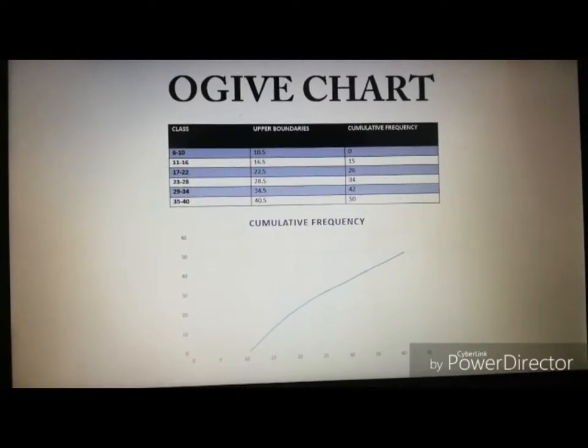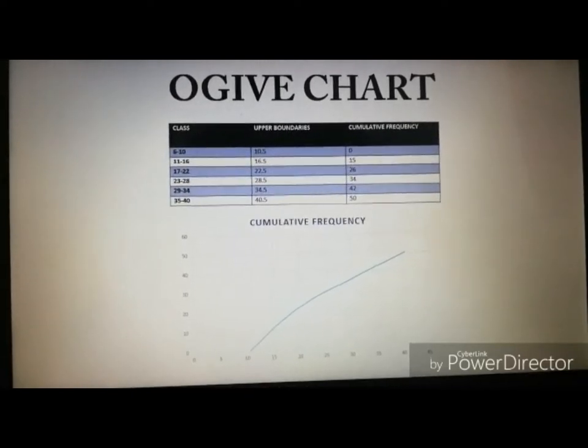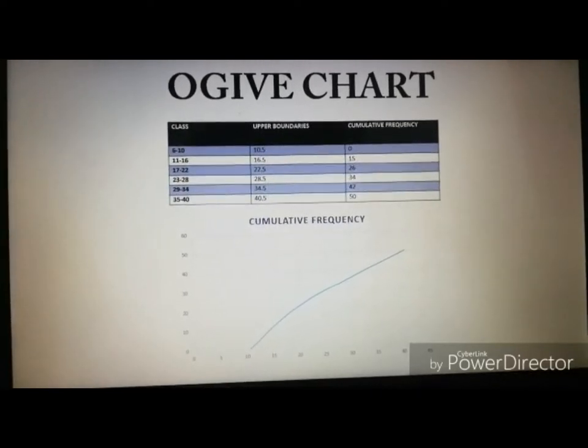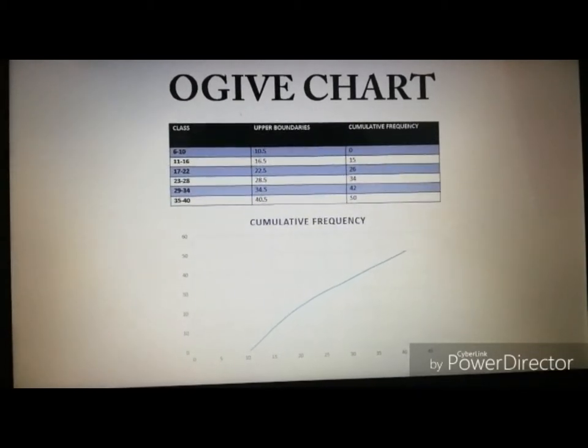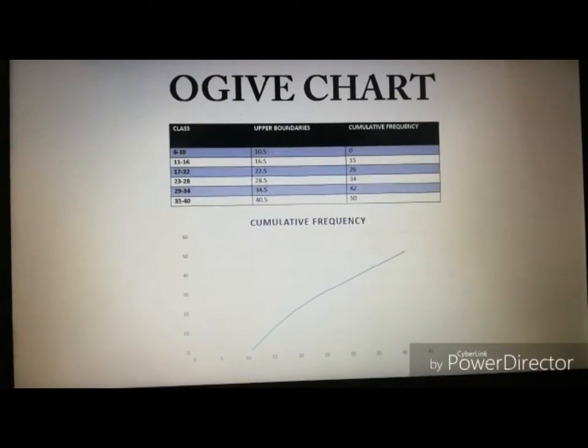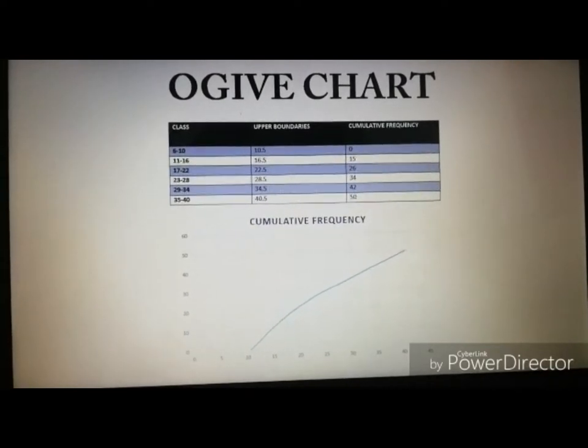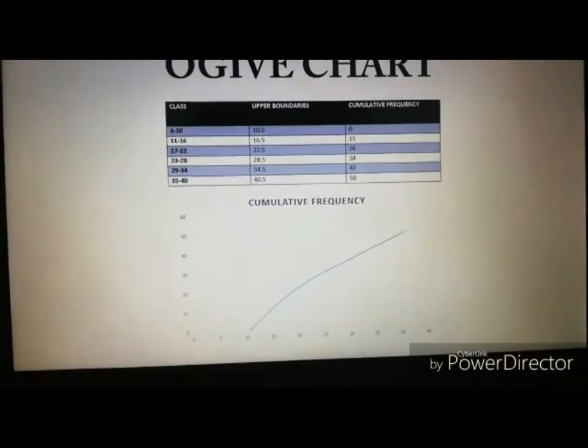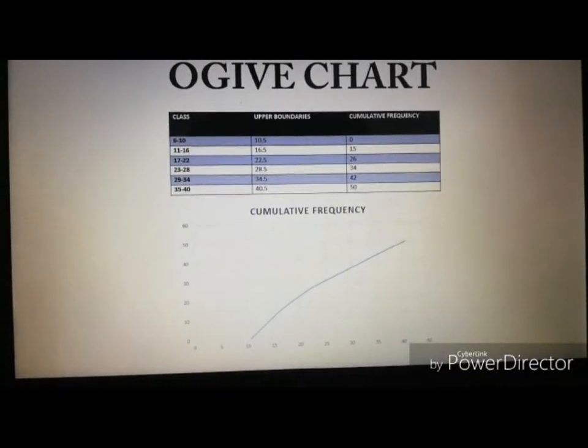The following class is 29 till 34, with upper boundary 34.5 and cumulative frequency 42. Last but not least, class 35 till 40 will carry 40.5 as upper boundary and 50 as cumulative frequency. And this is our ogive chart.